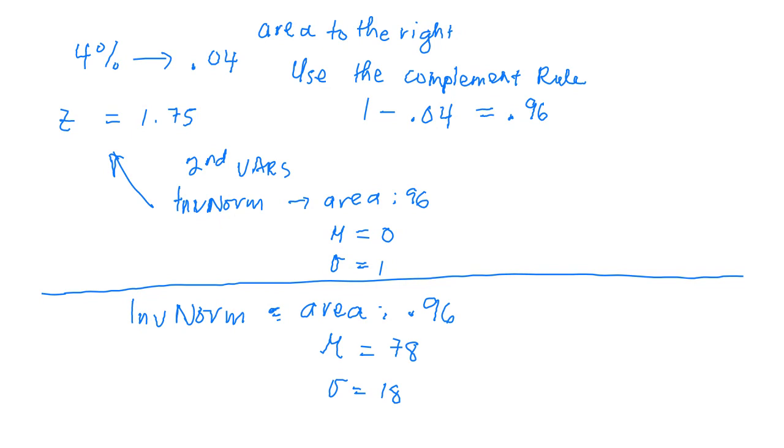For the first one, the mean is 0 and the standard deviation is 1 to get the z-score. To get the amount more than the mean, we will use the given mean and standard deviation. So do the same process. It's still the left side.